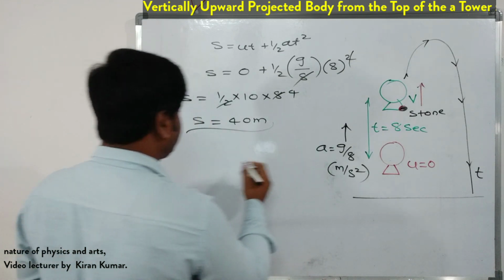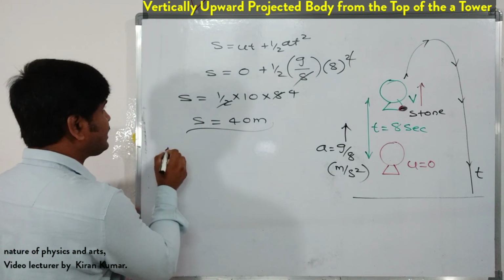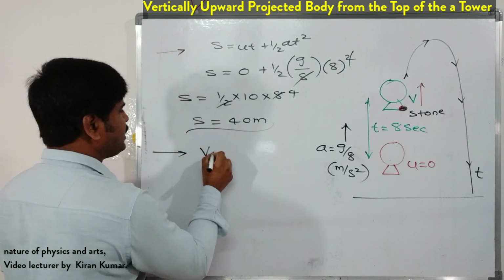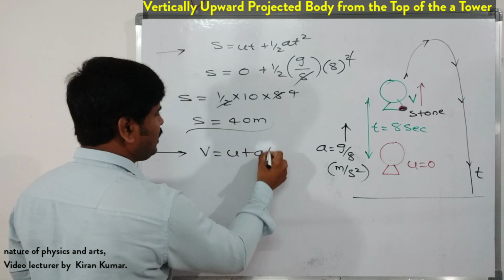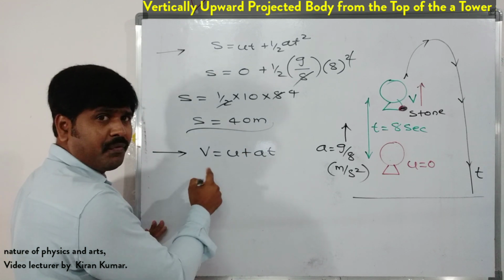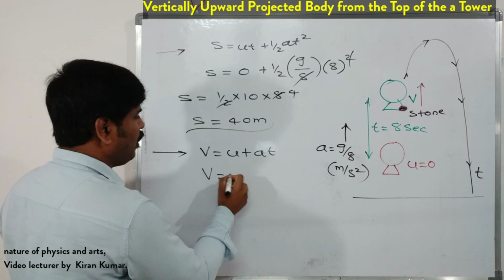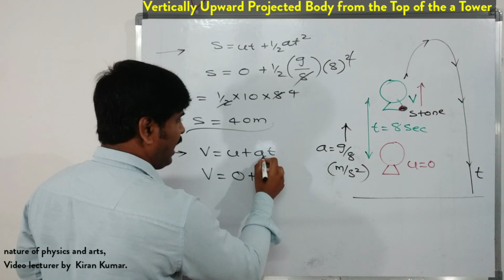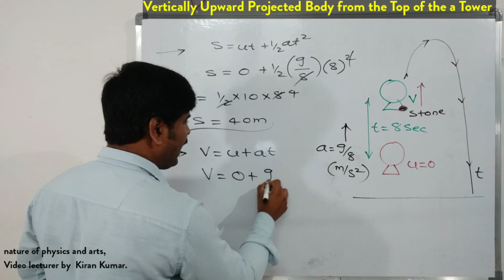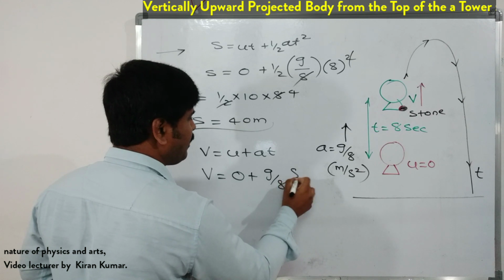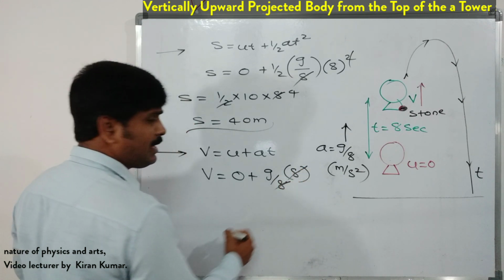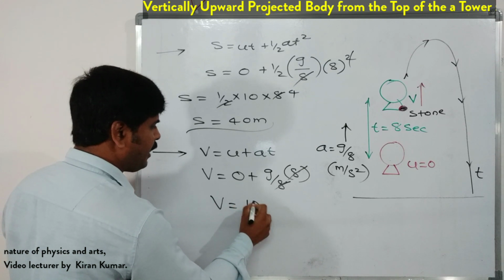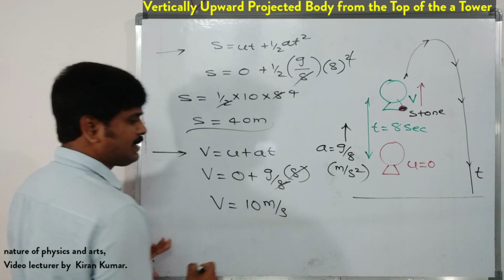Then continuing, velocity we have to discuss. For this, the velocity formula is v is equal to u plus at. So v is equal to 0 plus g by 8 into time 8 seconds. This 8 cancels. So velocity is equal to g, here 10 meter per second.